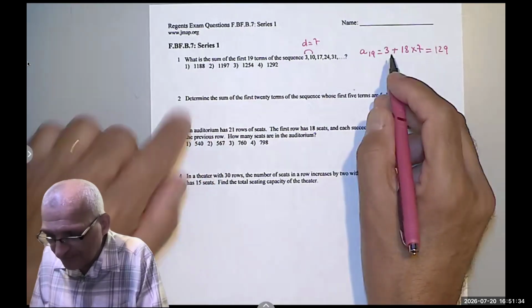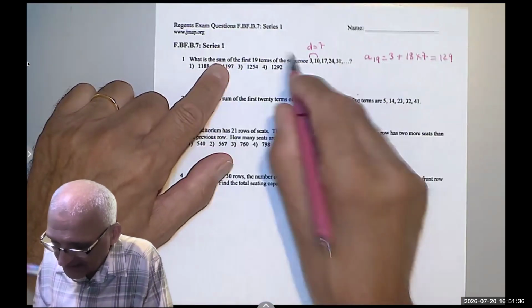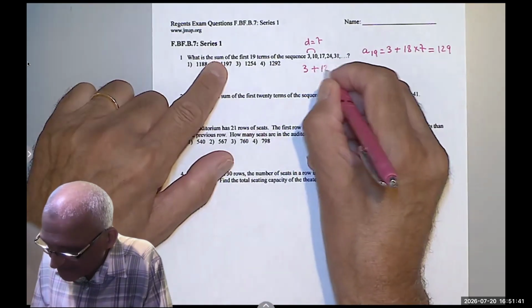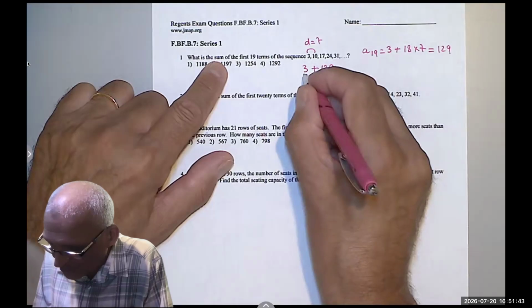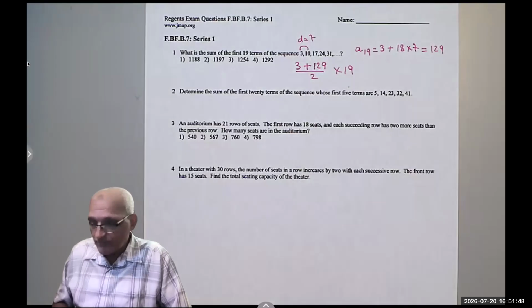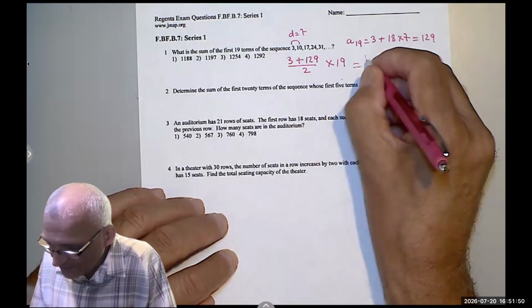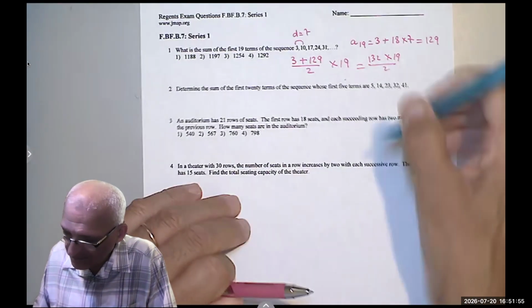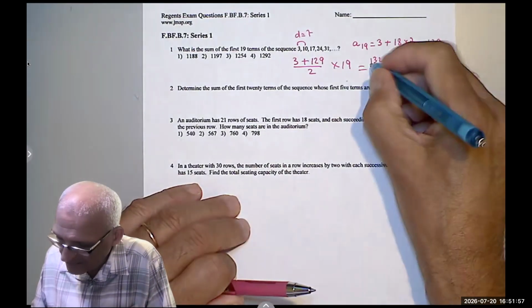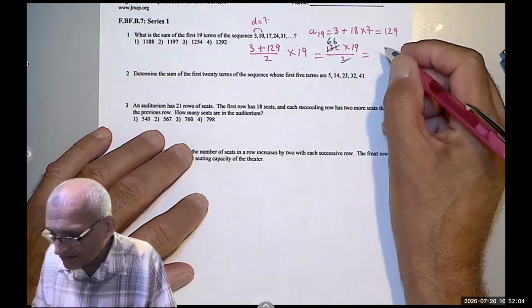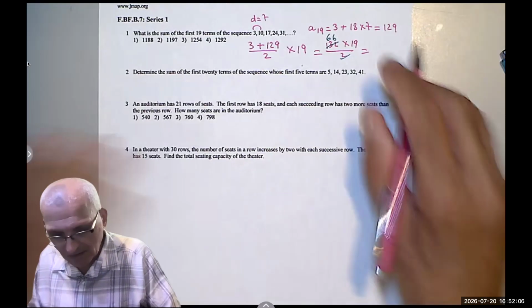And now, like we learned before, the sum of the first 19 terms is A sub 1 plus A sub n over 2 times 19, equals 132 times 19 over 2. 66 times 19, 1304?